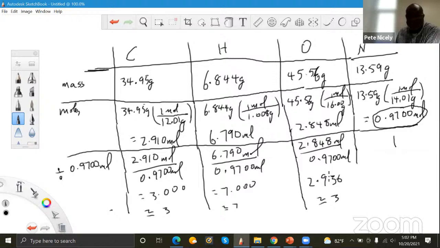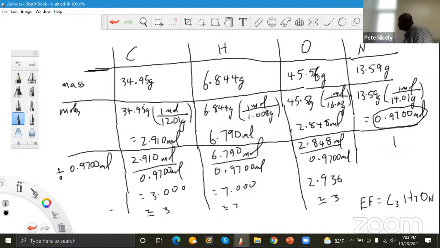So you can round it up to 3, and that would be 1. So therefore, the empirical formula will be C3H7ON. So that's the empirical formula, right?